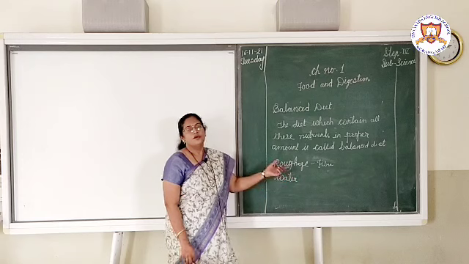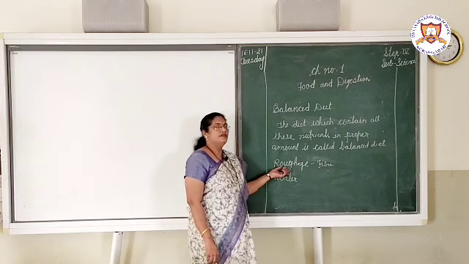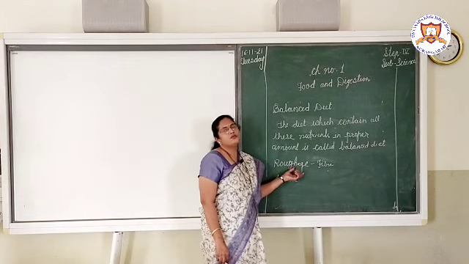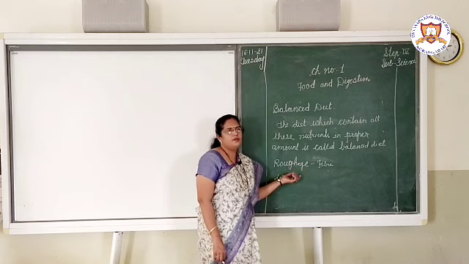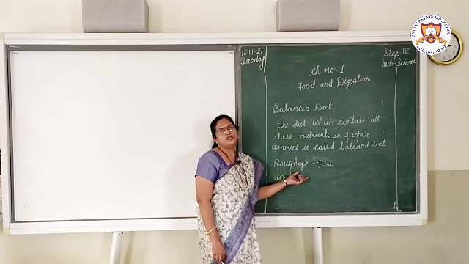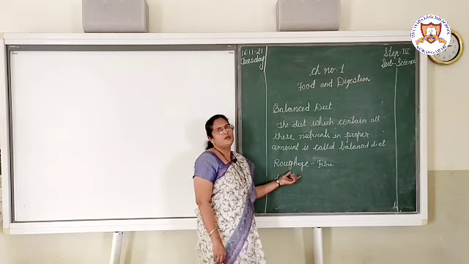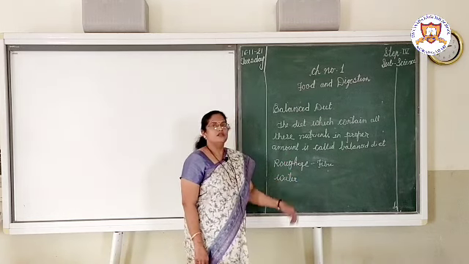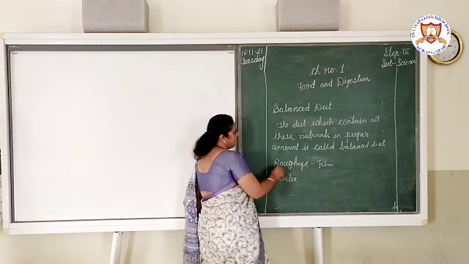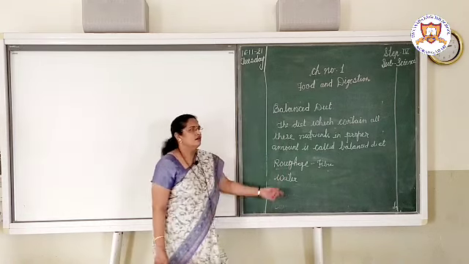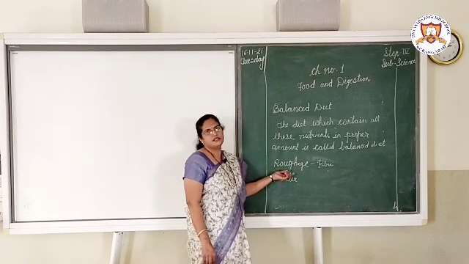Our body can't digest roughage, but roughage helps in the process of digestion and in the elimination of waste from our body, and avoids constipation. So roughage is also important, so we should eat more fruits and vegetables.